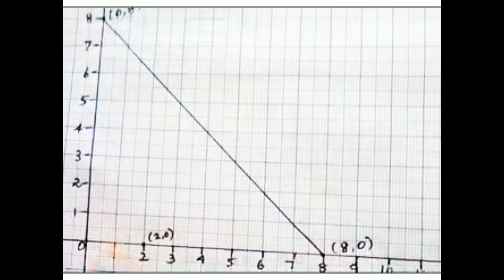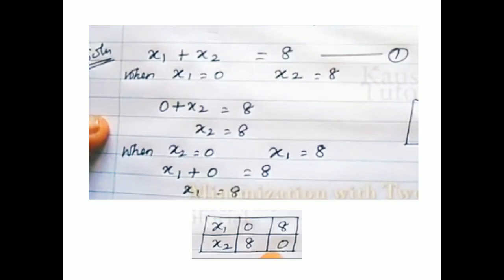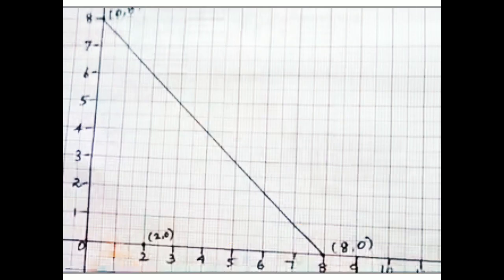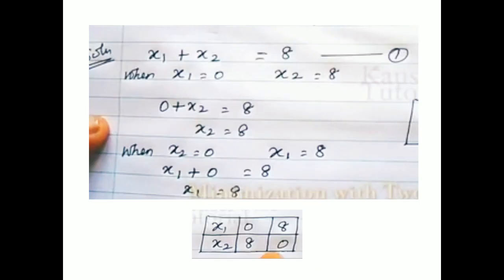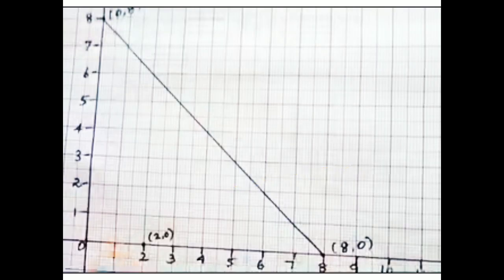The first set of point was x1 is equal to 0 and x2 is equal to 8, and the second set of point was x1 is equal to 8 and x2 is equal to 0. So I will connect these 2 points and I will get the line for that equation, that is x1 plus x2 is equal to 8, the line shown here.